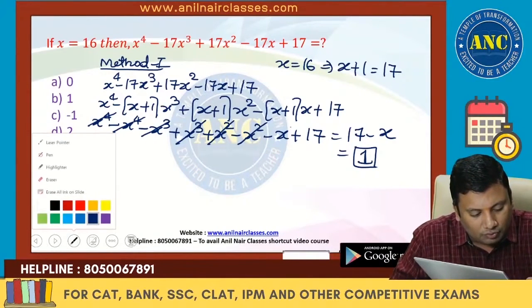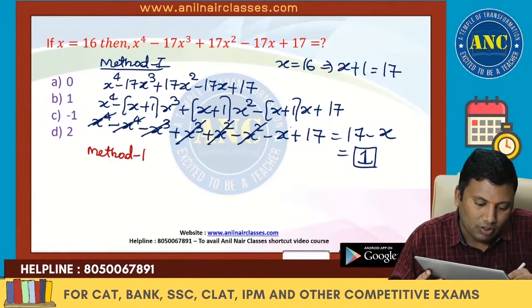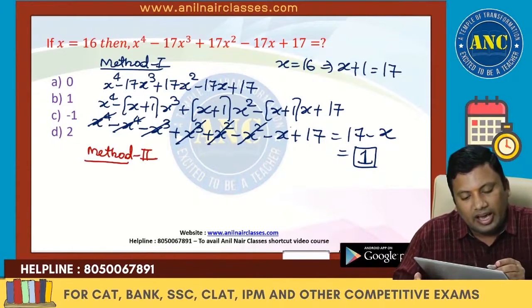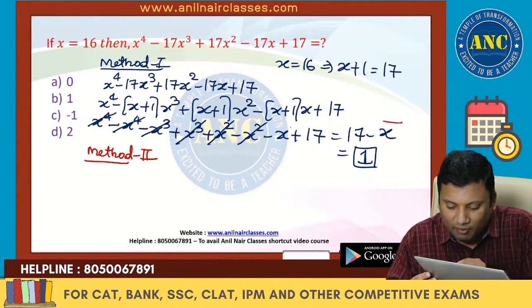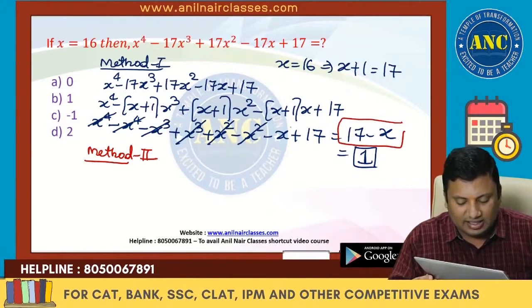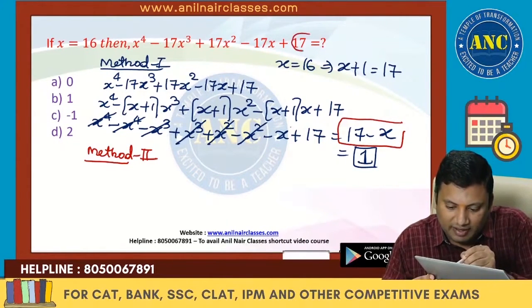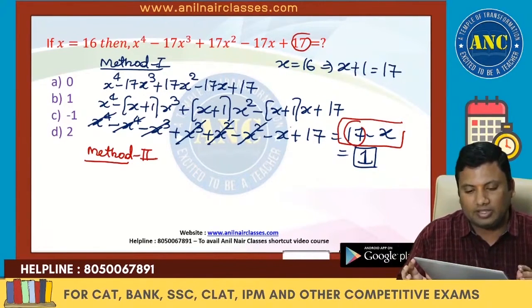Method number 2. Listen carefully, sir. This equation is x power 4 minus 17x cube plus 17x square minus 17x plus 17. What is the final value that we got? 17 minus x. 17 is as it is, minus 17x became 17.